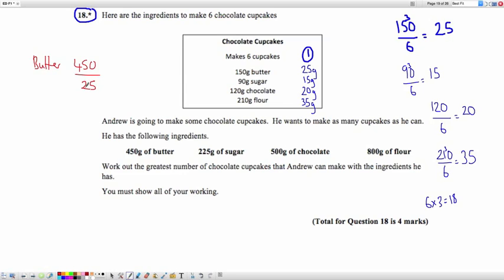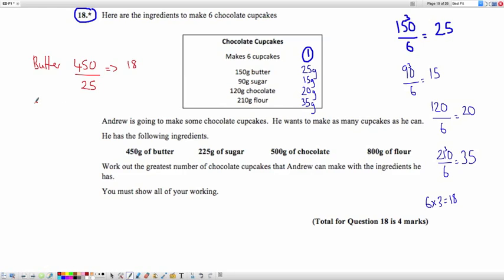So we're looking at how many times does 25 fit into 450. Now, for 100 we have 4, and there's 4 lots of those, plus then the 2 that fit into the 50. That means he can make 18 cupcakes with the amount of butter.